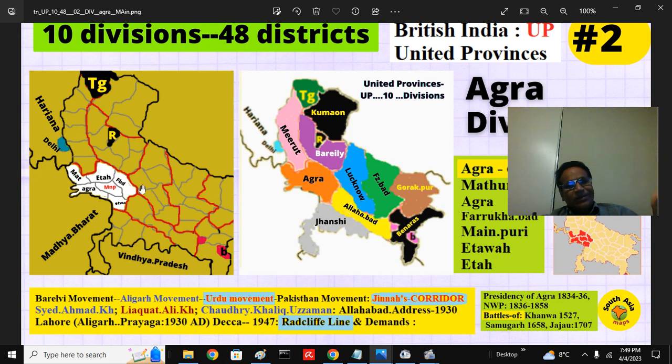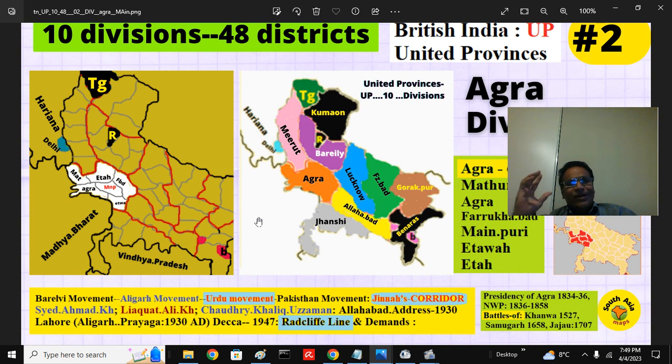All the leaders worked or lived or hailed from here. Iqbal's Allahabad address, the concept of Pakistan, and all these events were raised here. It is the United Provinces Mohammedans who fought for formation of Pakistan.